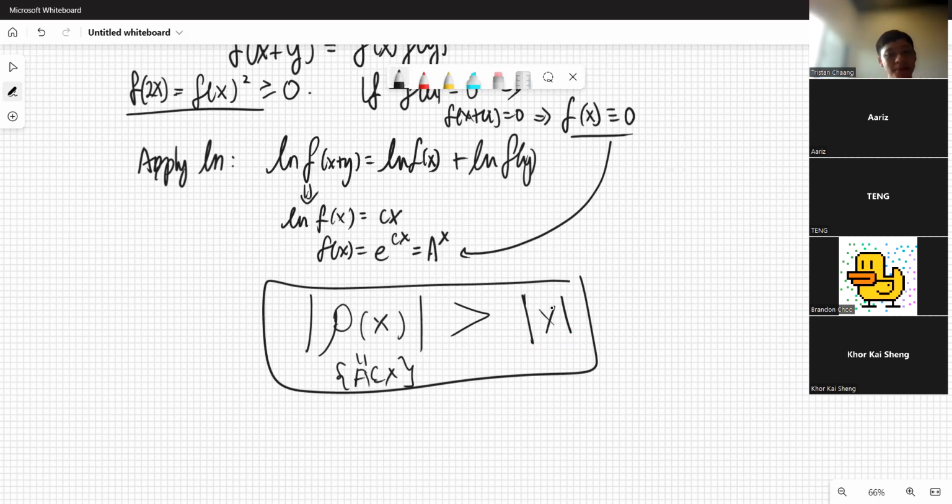So if you have R, you can apply power set, you get a greater cardinality and so on, even though they are all uncountable. So there's not just two infinities, countable and uncountable. There are infinitely many infinities, which are all explained in ordinal theory.